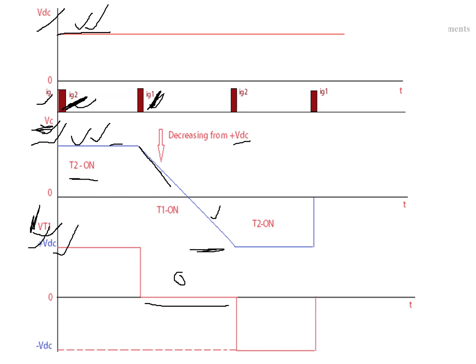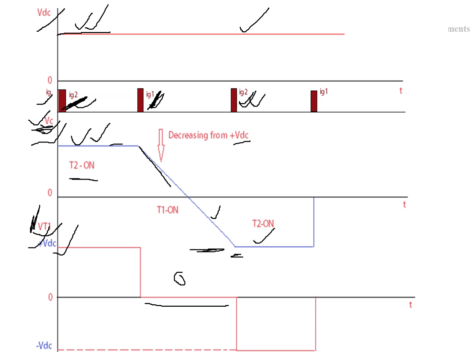it changes its polarities, and we are going to apply the gating pulse again to thyristor T2. By applying the gating pulse to thyristor T2, the same amount of input voltage appears across the capacitor but as a negative, that is minus VDC appears across the capacitor.